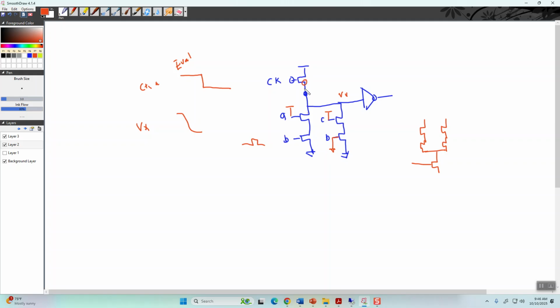And that one too. But then when it goes low, this turns on, right? And again, I can have this footer make sure that this won't discharge, and then I'll charge everything up. I still have to charge all these capacitances, but it charges everything up. No matter what, during the pre-charge, I go high.